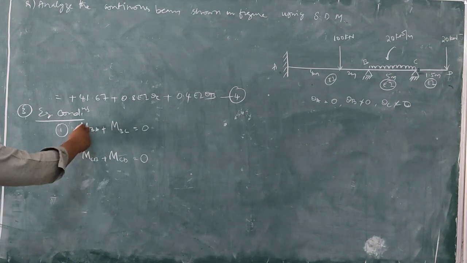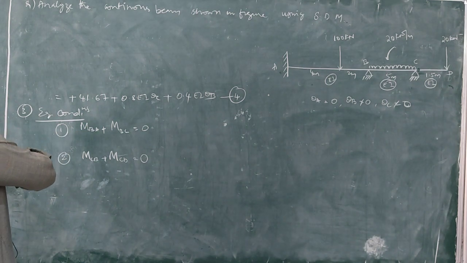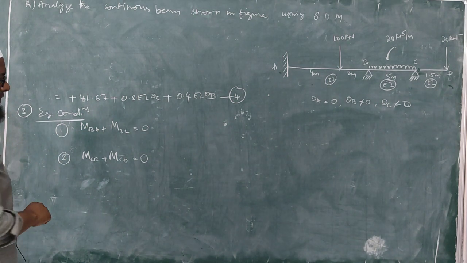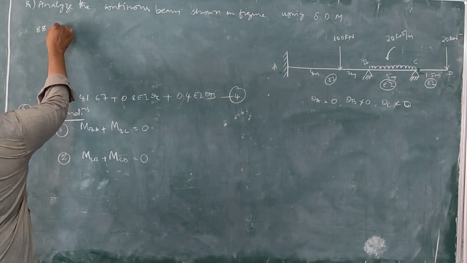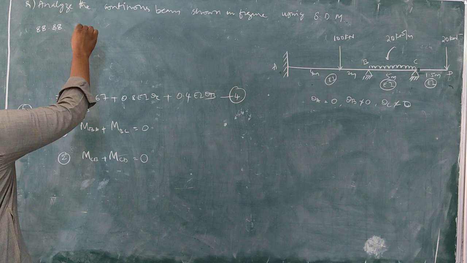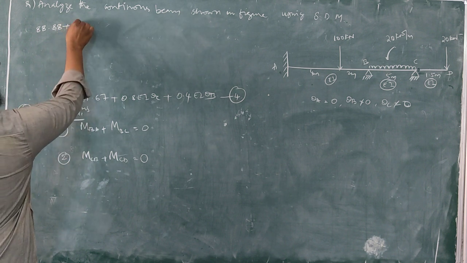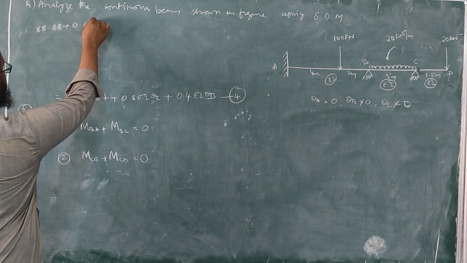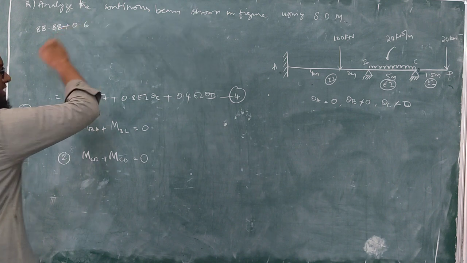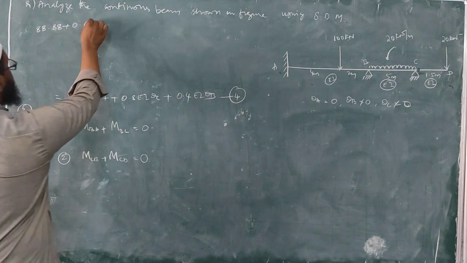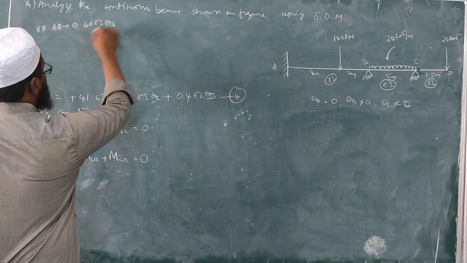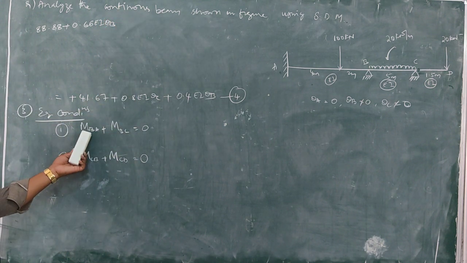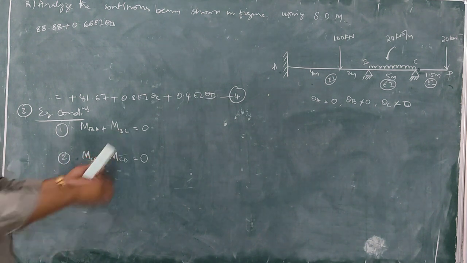what is that one? MBA. What is the value you will get? 88.88 plus 0.66 EI theta B. We are writing this MBA over this one. Now we'll write MBC.